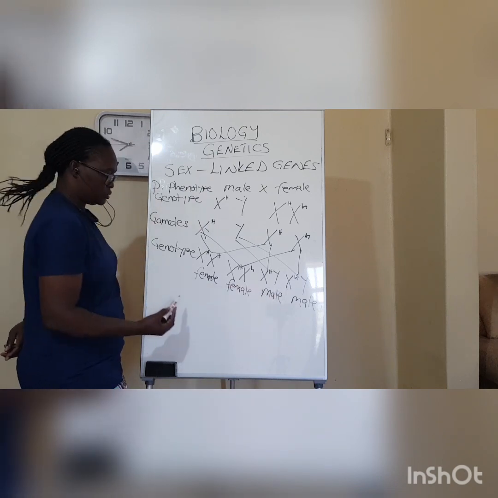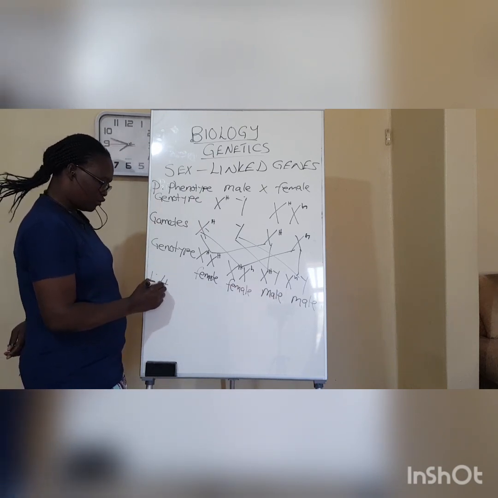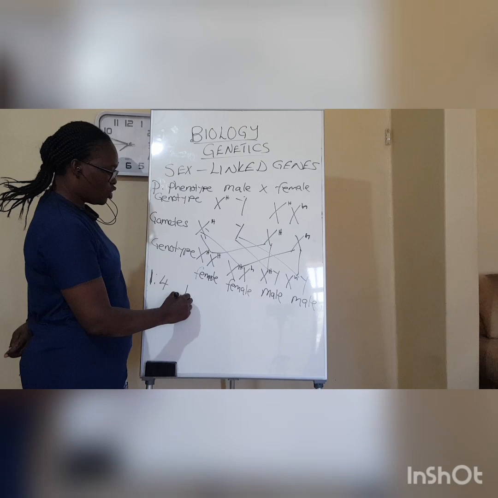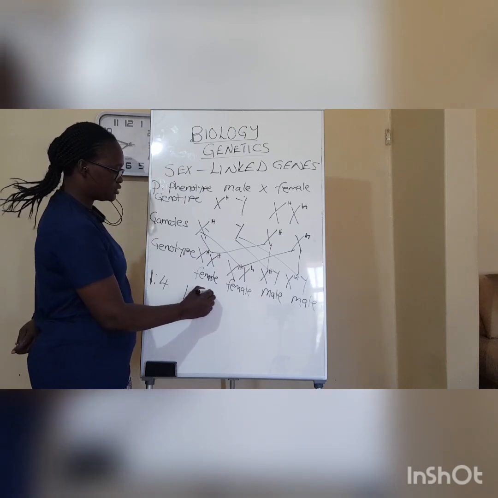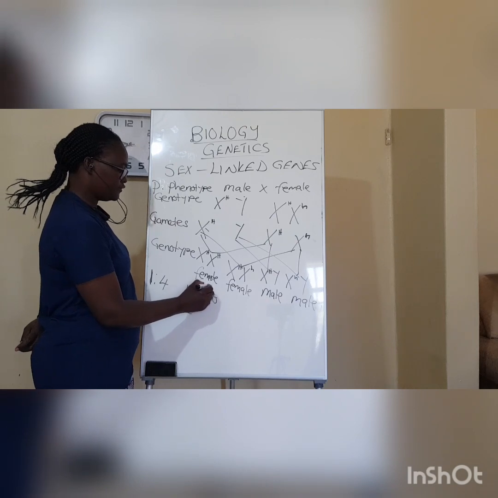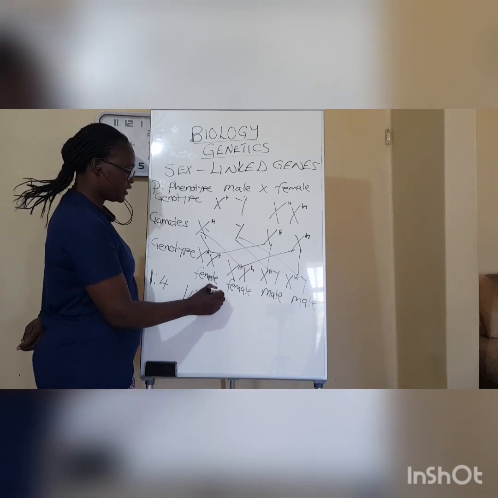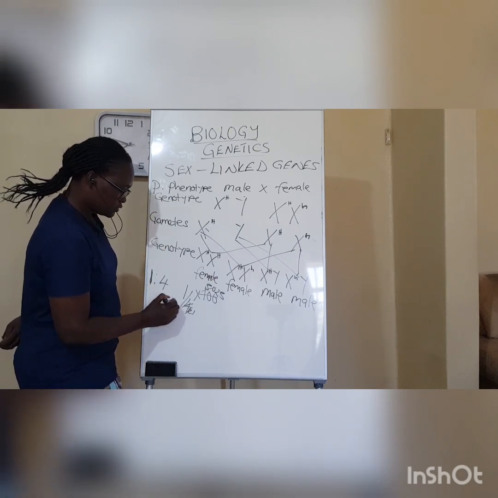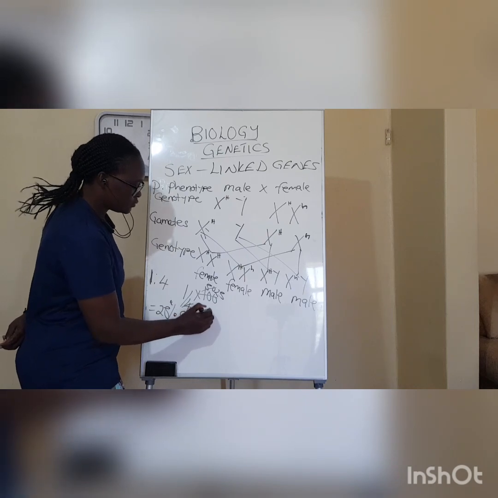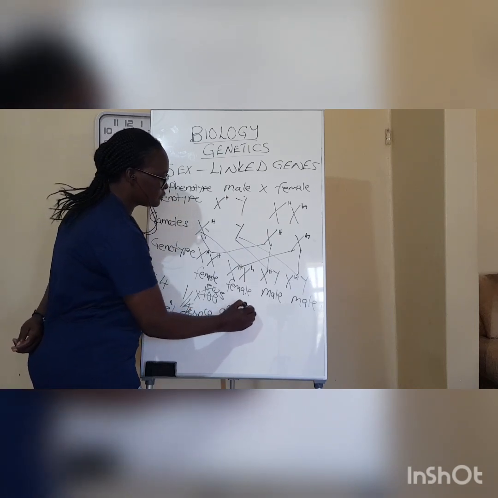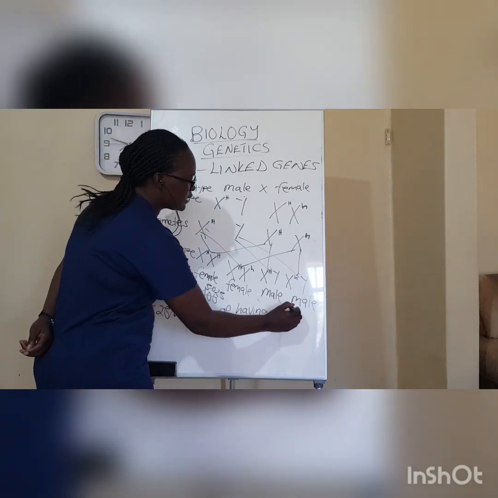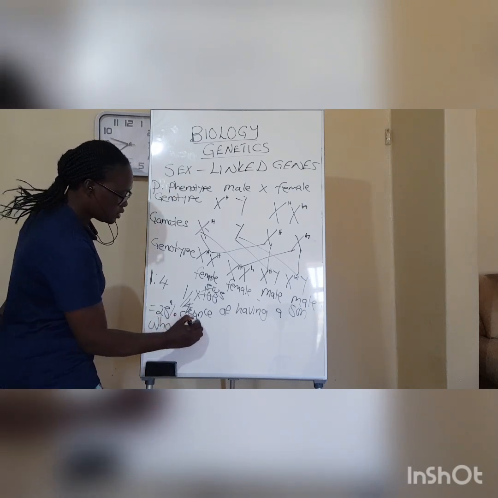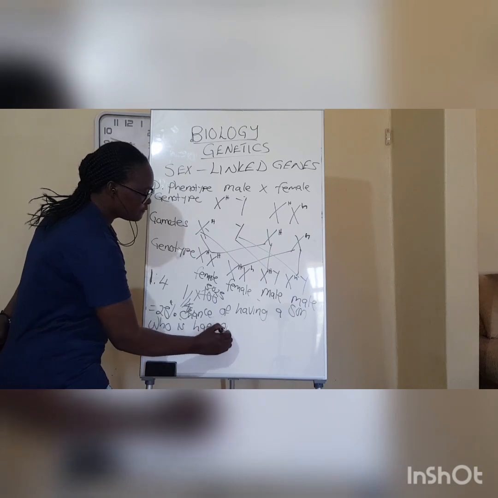So this is the one we're talking about. So it is 1 out of 4. They have said what would be the chance of having a son who is hemophilic. So 1 out of 4 times 100. 2 here, 2 here 50, 2 here 1, 2 here 25. So the answer is 25% chance of having a son who is hemophilic.